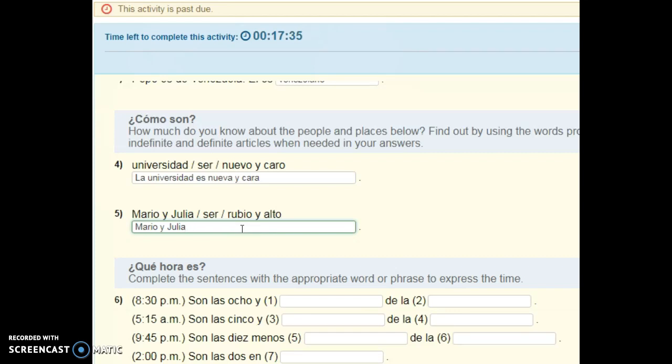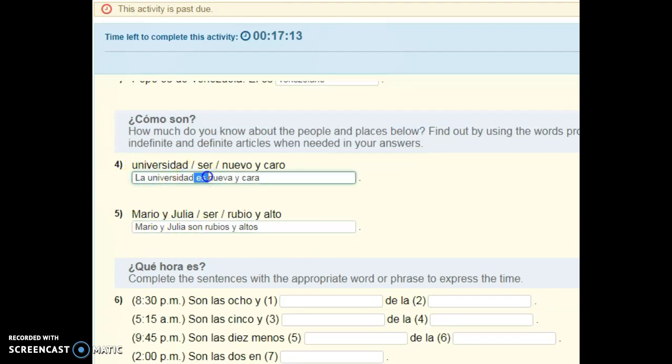We're going to conjugate ser for that third person plural subject, so it would be son. Then since we're describing two different people, one of them is a male, we're going to use the plural masculine form of these adjectives, rubios y altos. Okay, so you pay attention to anything that needs to be added.